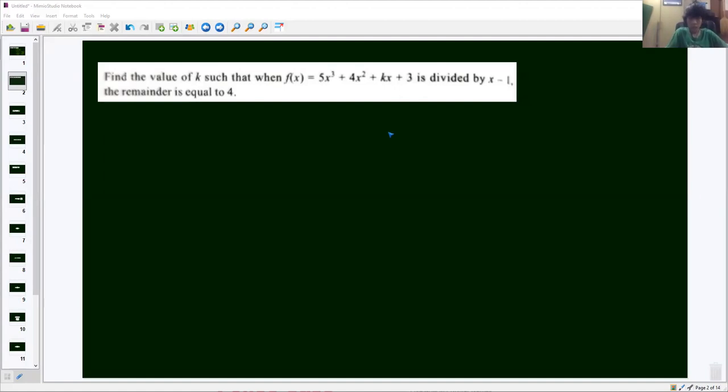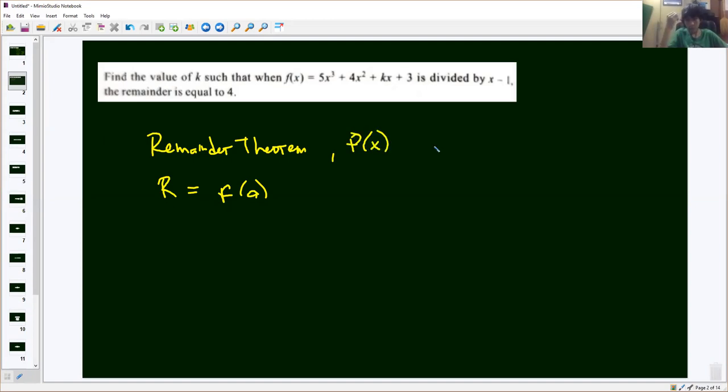Now, let's start. You can divide, or if you know the remainder theorem, according to the remainder theorem, the remainder is simply f of a if you divide a polynomial f of x by a divisor of the form x minus a.